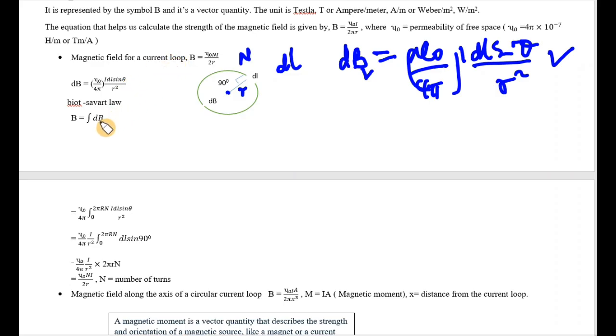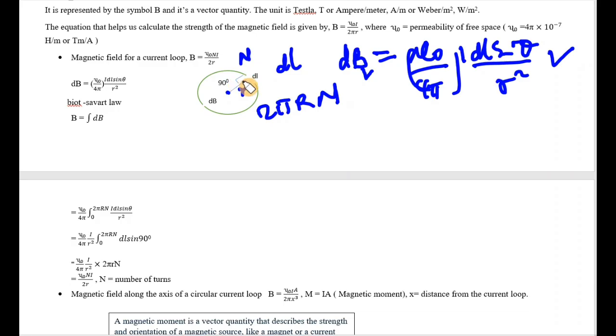So if we integrate dB, taking note of this, we have that, of course, this is the circumference of a circle, 2 pi r, and this is N, the number of turns. We can integrate from 0 to this limit, taking note that mu naught I upon 4 pi r square is constant.